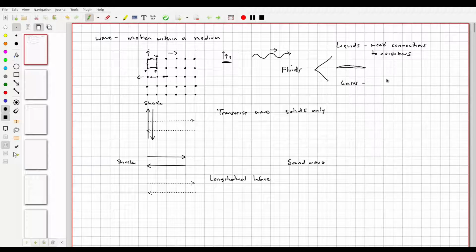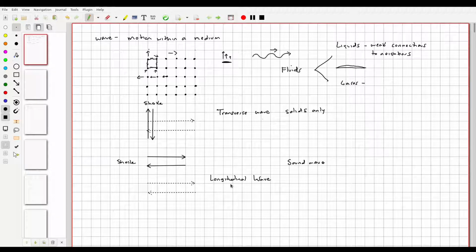And the first order approximation to that would be something like the van der Waals equation, which we'll be talking about when we get to thermodynamics, which is a very weak interaction. But in general, we assume that the atoms and molecules in there don't interact, except maybe through collision. And as a consequence, you don't have the ability to convey this up and down shake through a gas.